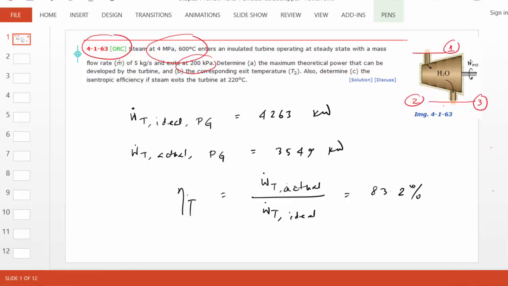So if somebody just took H2O as a perfect gas and solved the problem blindly, this is the answer they would have gotten. Now we'll go out and use the PC model to solve the problem in a comprehensive manner.